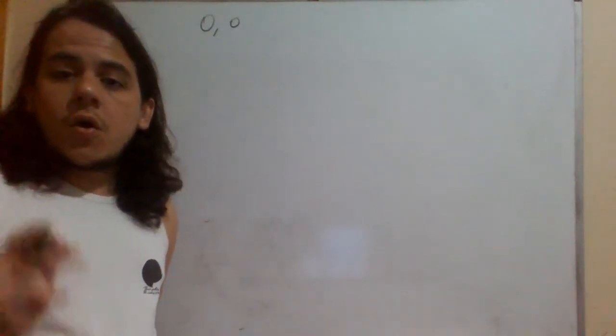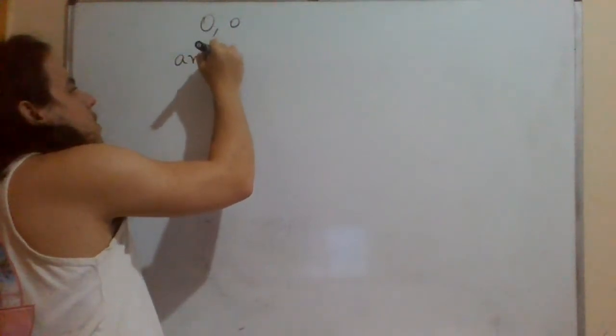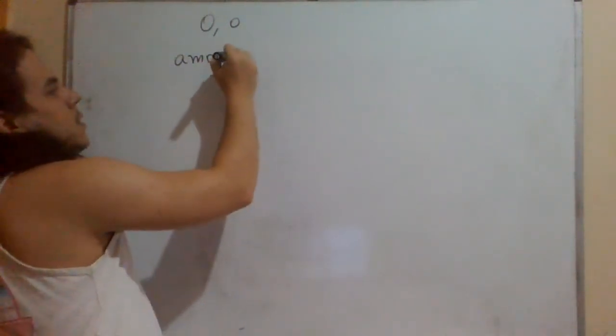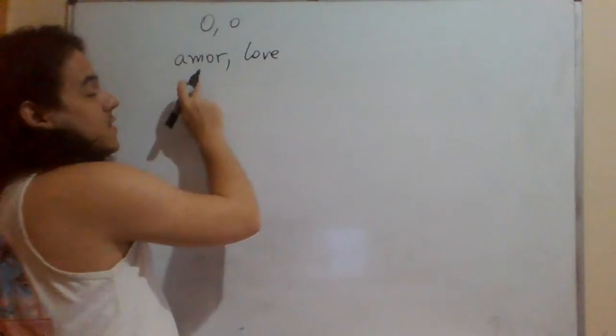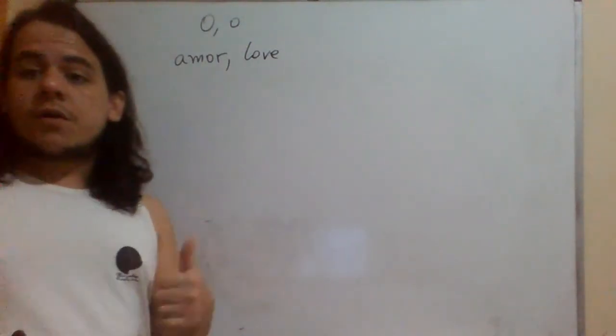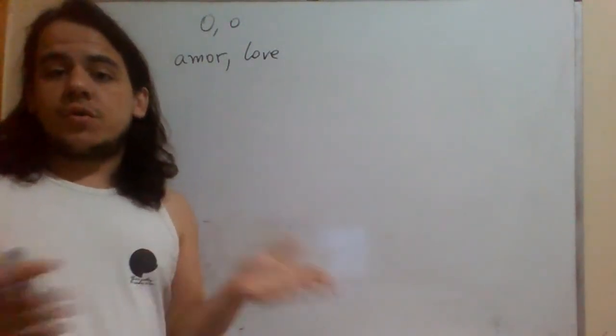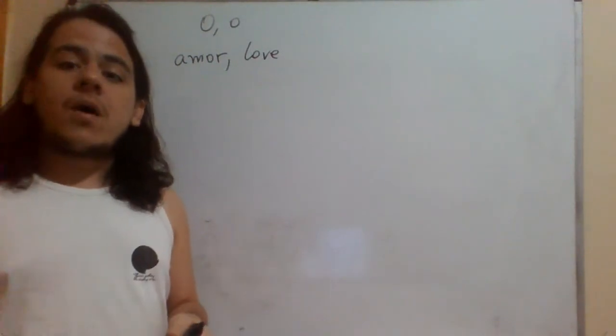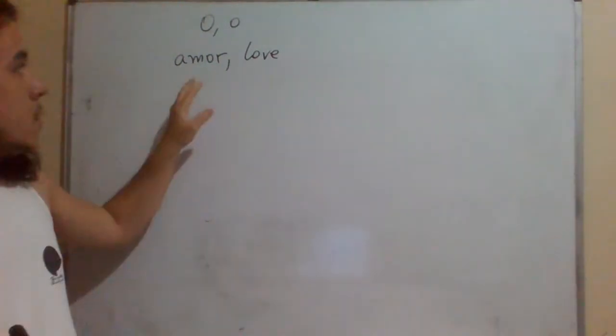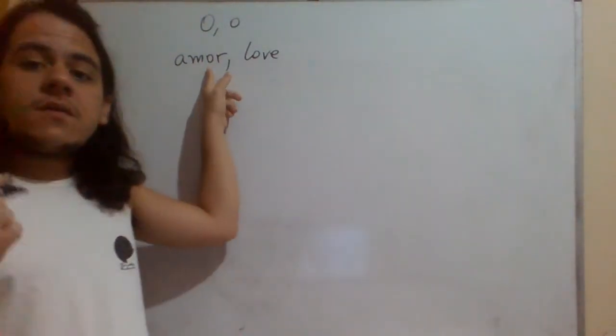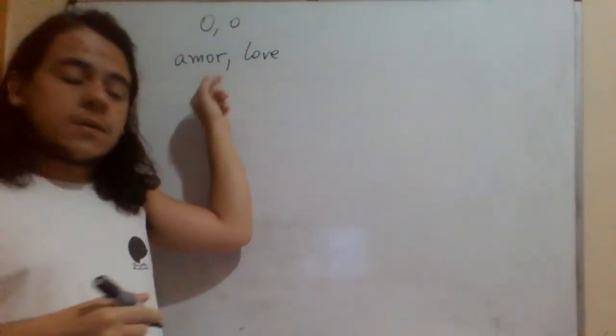O. For example, this word here, amor. It means love. It's a noun. We have the verb amar, to love, and we have the noun amor, love. So here, letter O with this sound of O, amor.